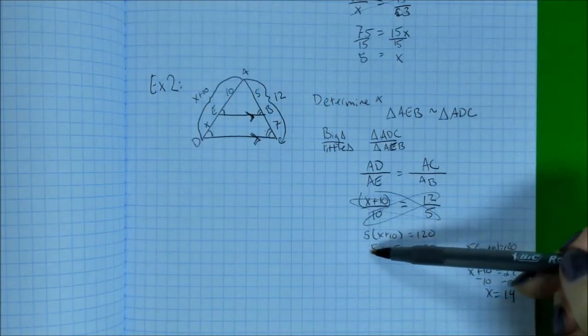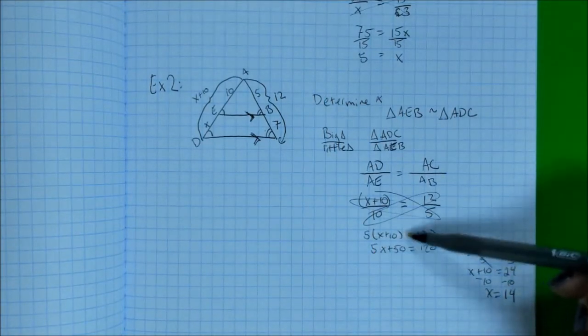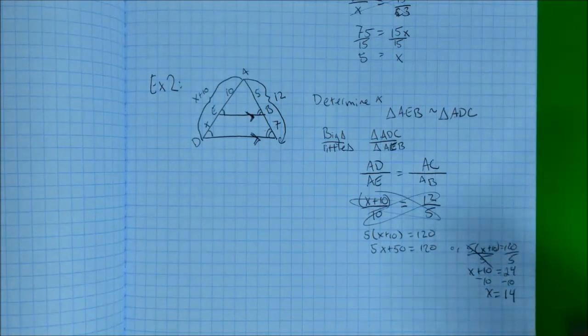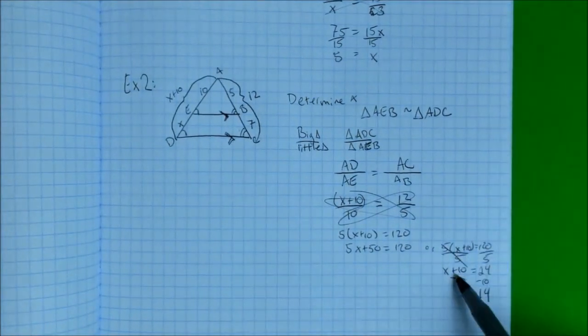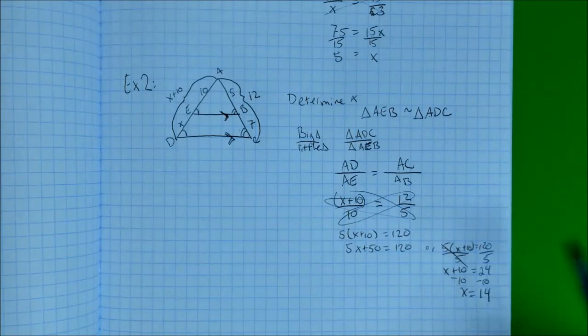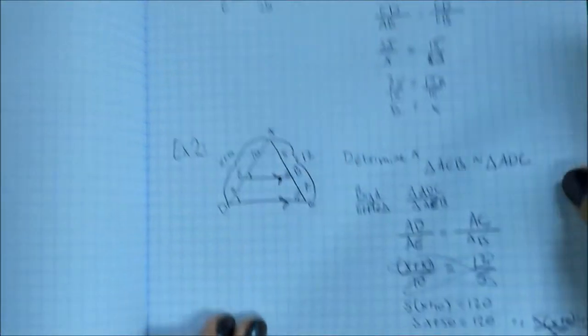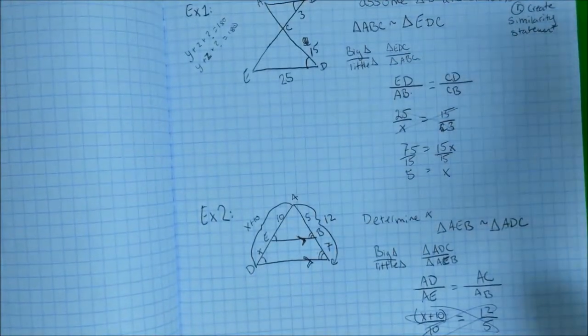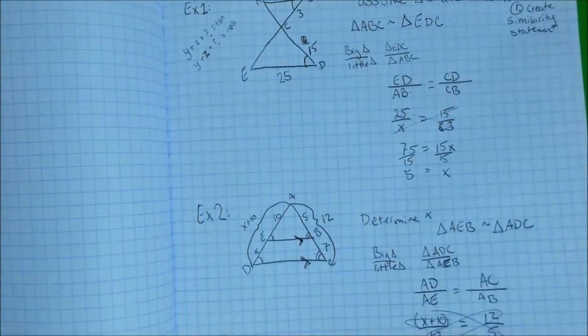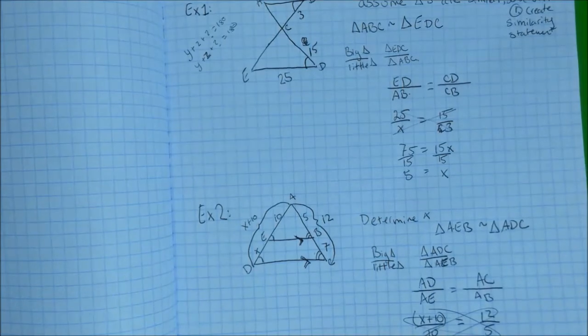So I can go through and solve it this way, or I can do this and get x is 14. So now I found x. So far those are 2 similar triangle problems.